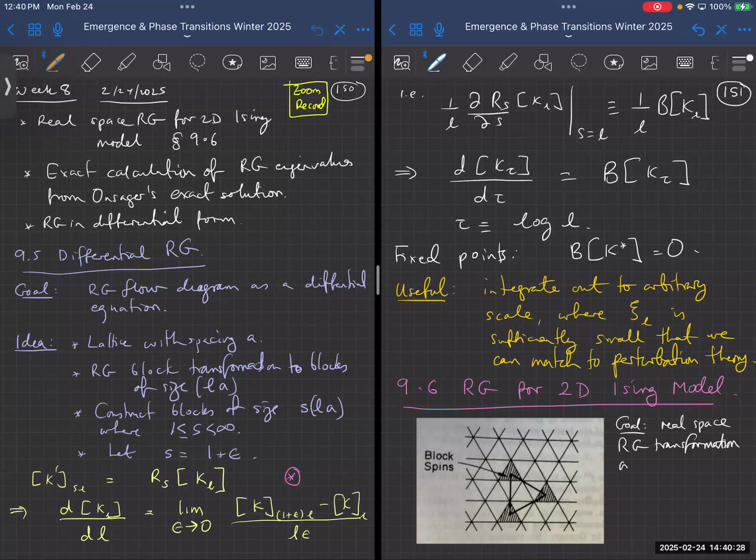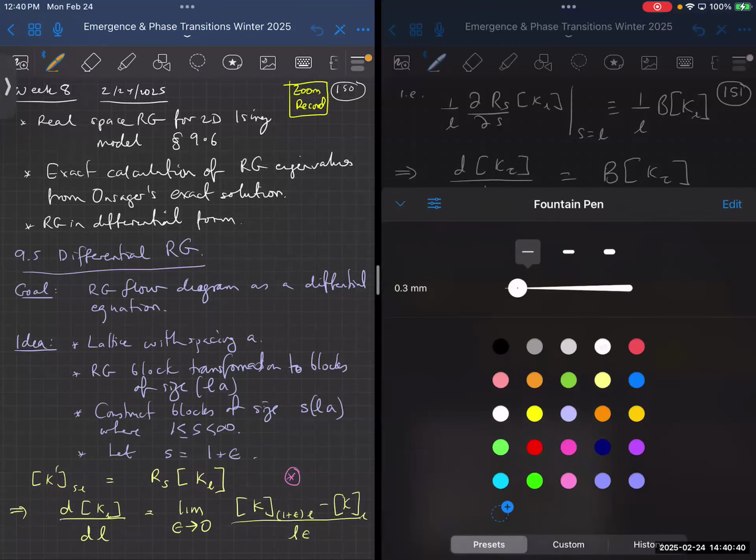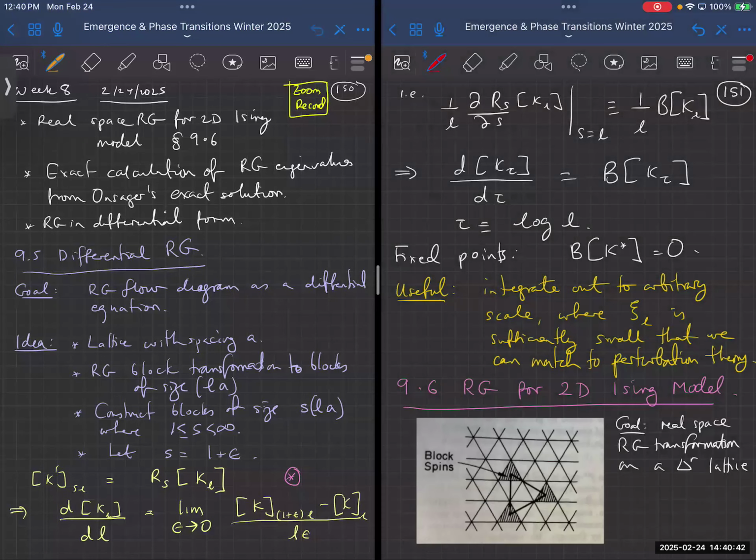And we're going to do this on a triangular lattice. The reason is that on the triangular lattice, it's very easy to define blocks that have a specific size. So for example, over here, this represents a block spin. We're going to take triangles of spins like this.